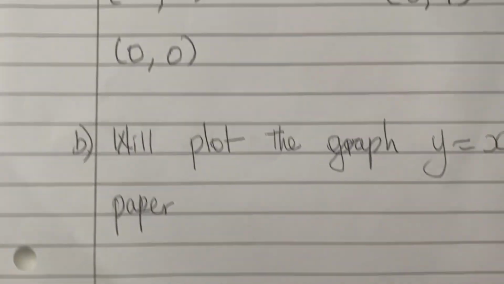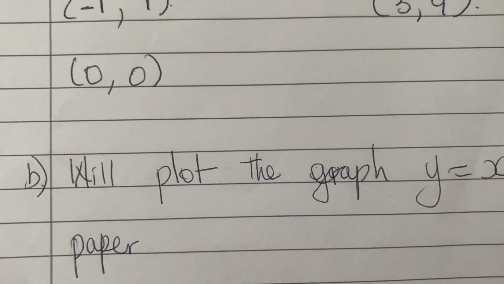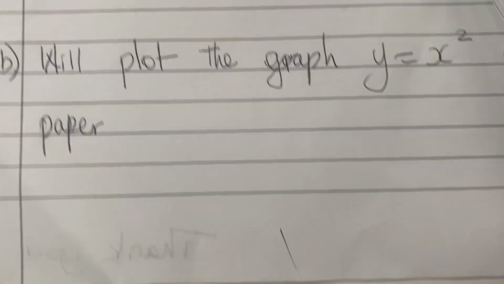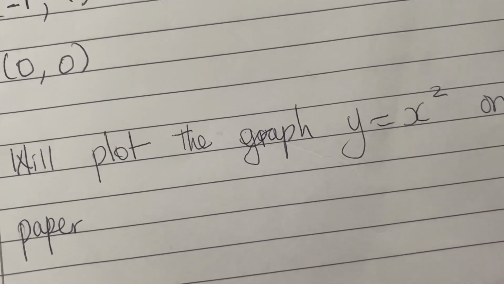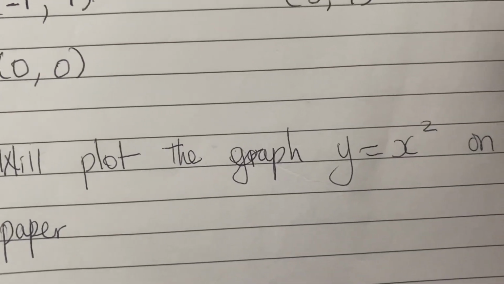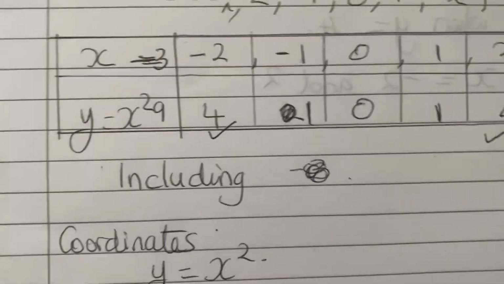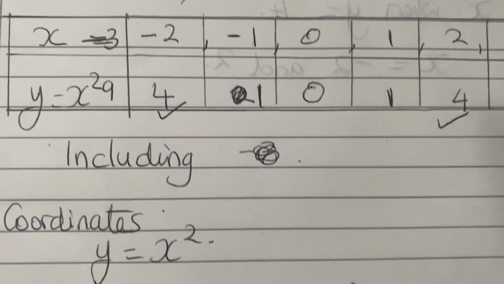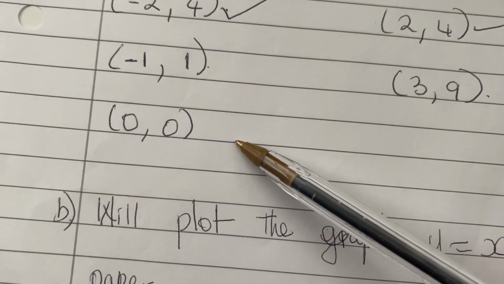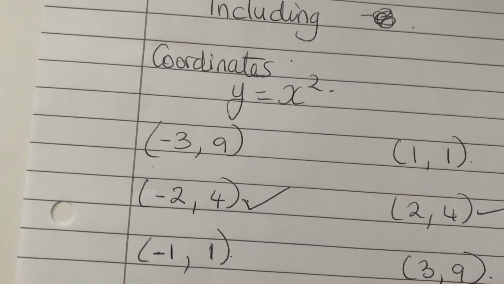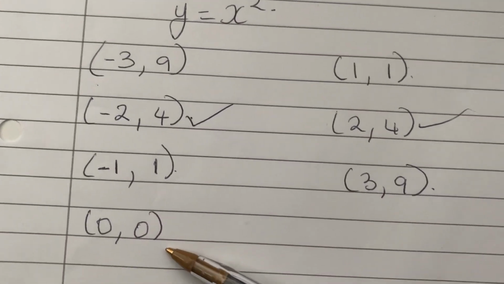So I found the coordinates from the table, and I've written them down so I don't get muddied up. So when I'm plotting, I can plot straight from the table as it is. But if you are not sure and you get muddled up, just write it on the side.